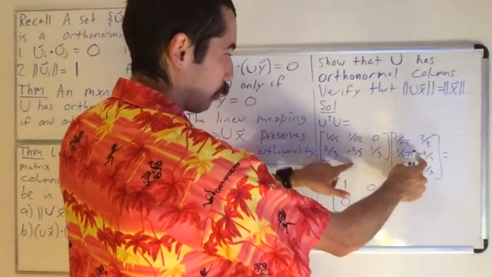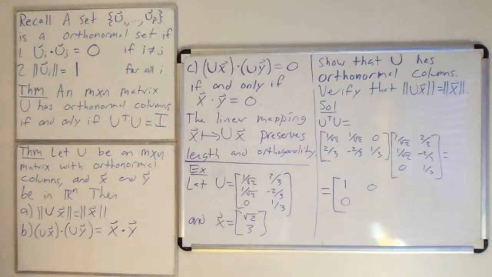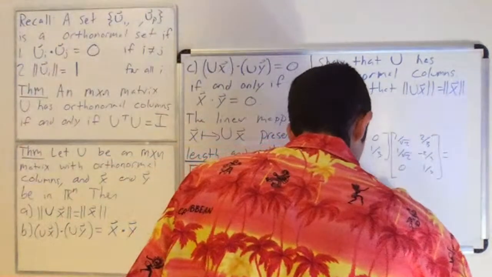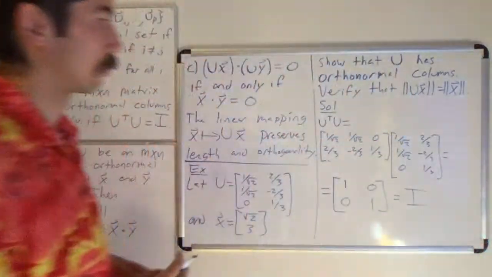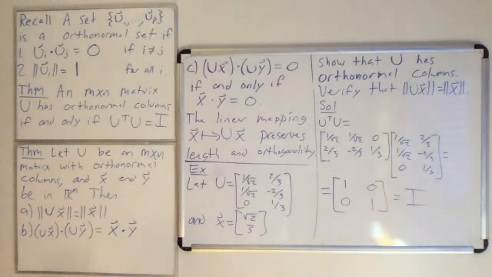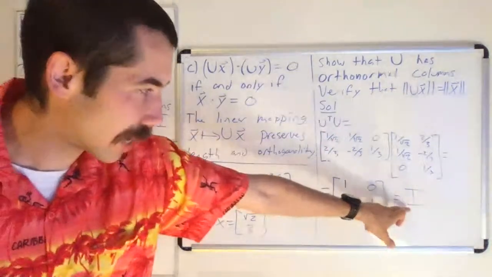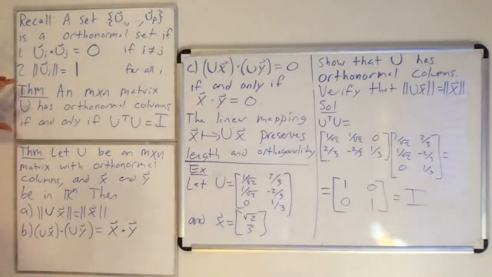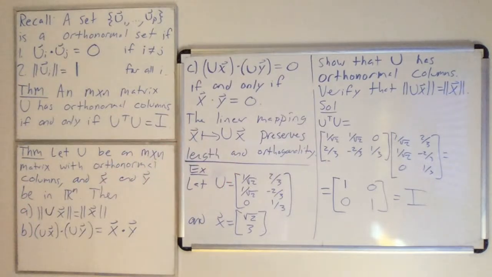Four ninths plus 4 ninths plus 1 ninth is 9 ninths, which is 1. Okay, so we just showed that U transpose times U gives us the identity matrix. So by our theorem, that tells us that U has orthonormal columns.